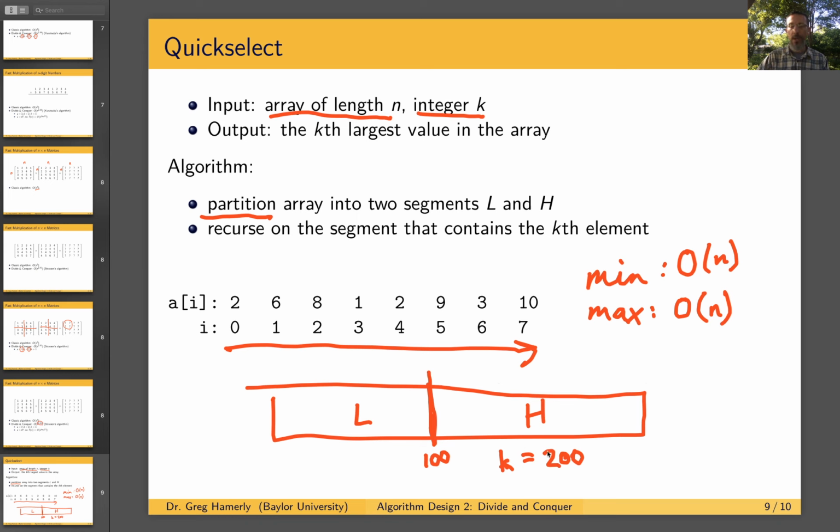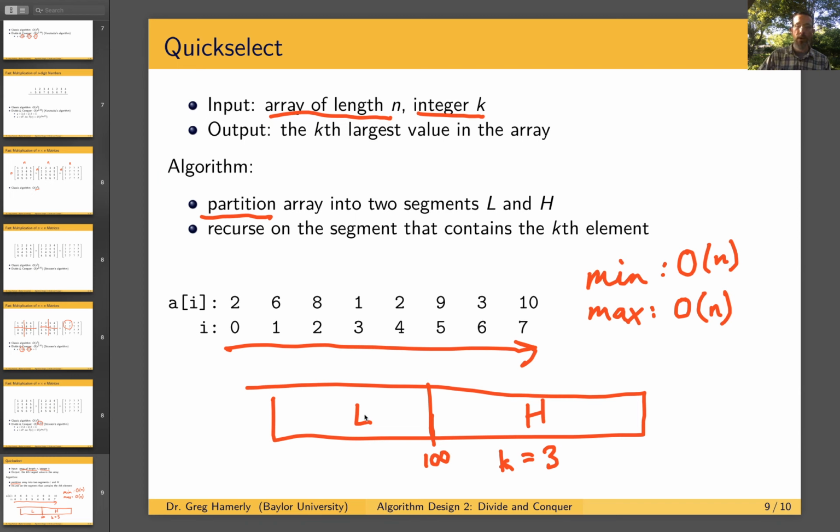Or conversely, if k was not 200, if k was 3, then we would have to search the low region because k is less than that partition. So that's the algorithm's main idea: partition the array into 2 segments, and then recursively look in only the segment that contains the kth element.